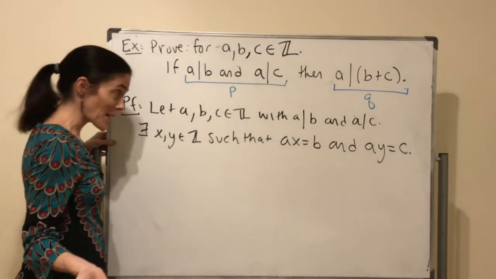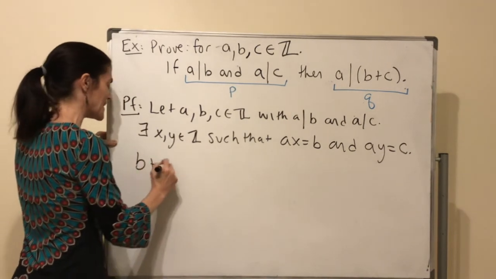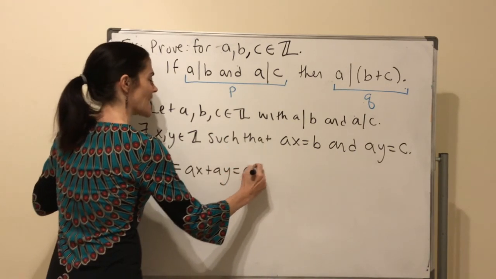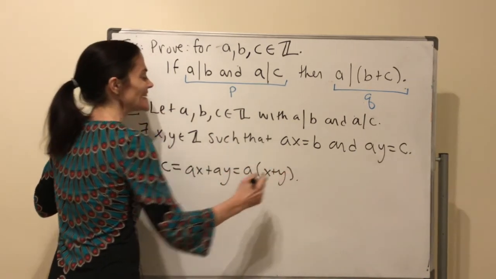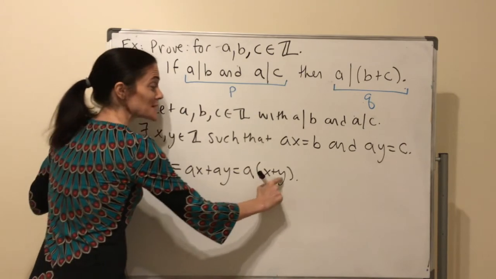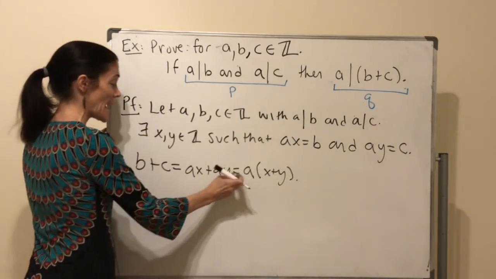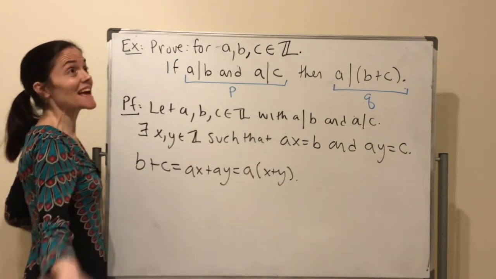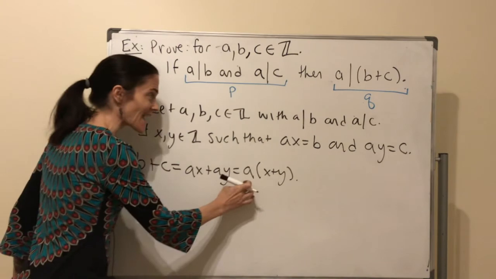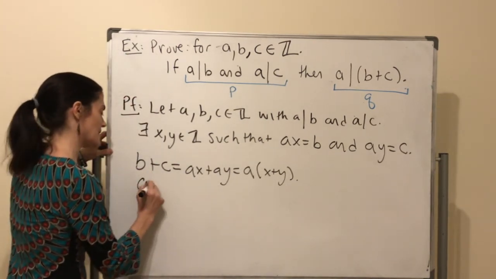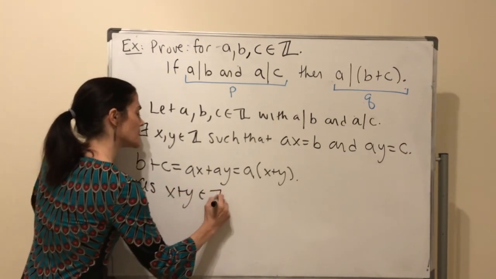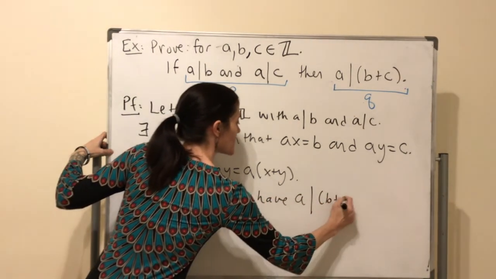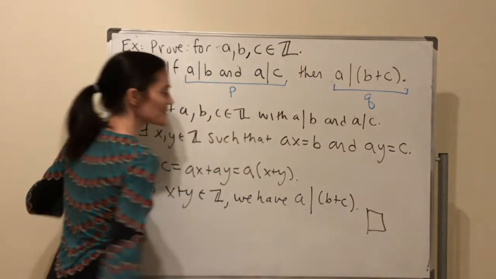Well, I want to say something about b plus c. b plus c is ax plus ay, which is a times x plus y. Now you see x plus y is an integer, and I have a times an integer equals b plus c, which is exactly the definition of a divides b plus c. As x plus y is an integer, we have a divides b plus c. And this is the end of our proof.